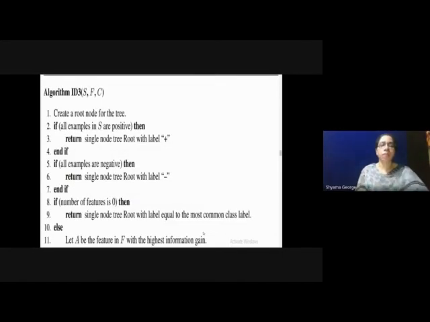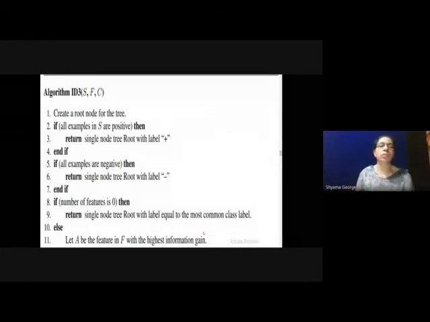So the algorithm steps are: create a root node. Then if all examples are positive, then we can return a single root with the class label plus. Otherwise, if all examples are negative, then we can return a single node with the class label minus.